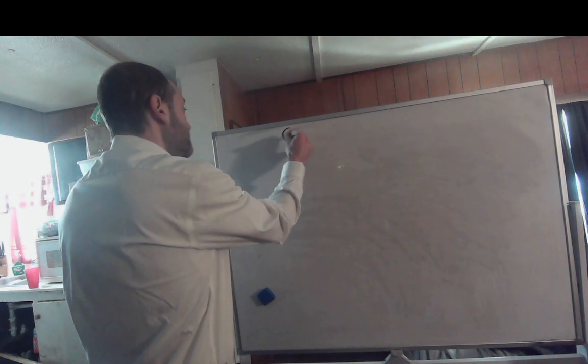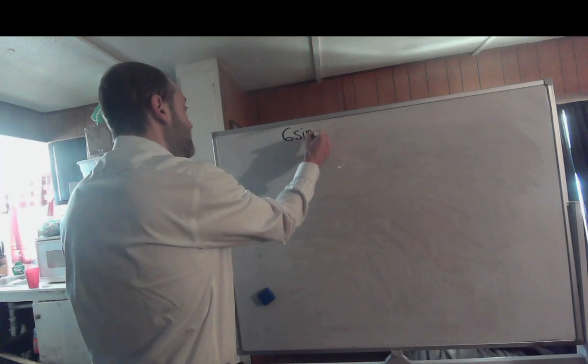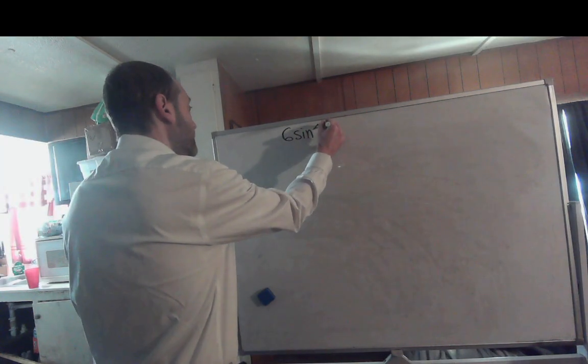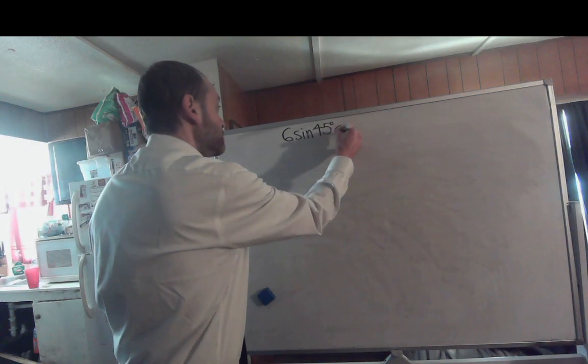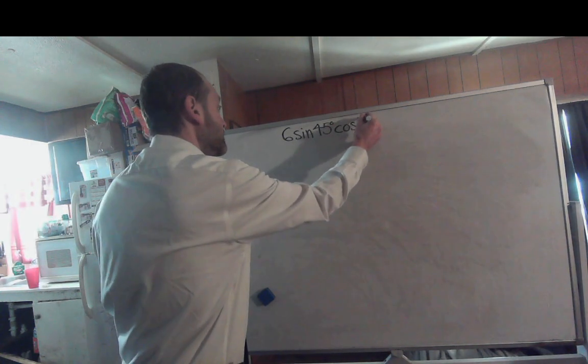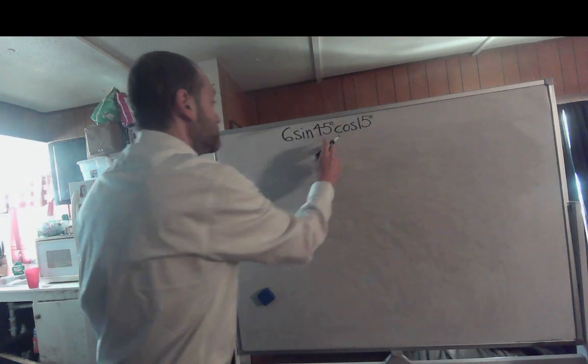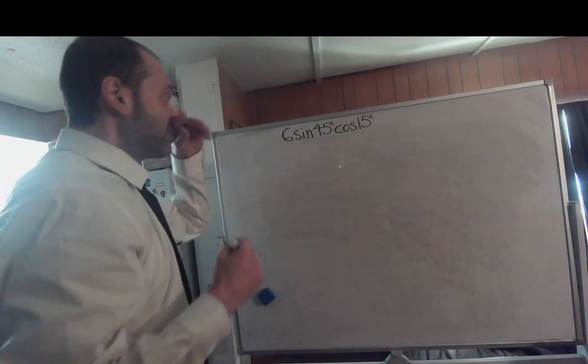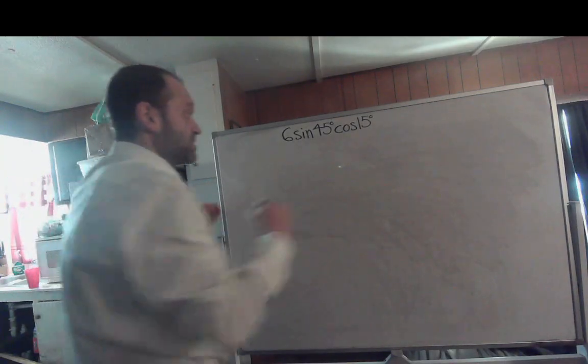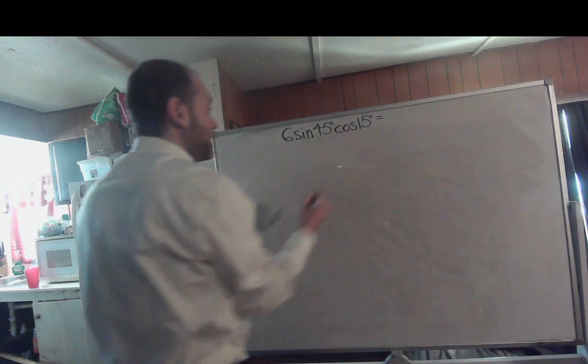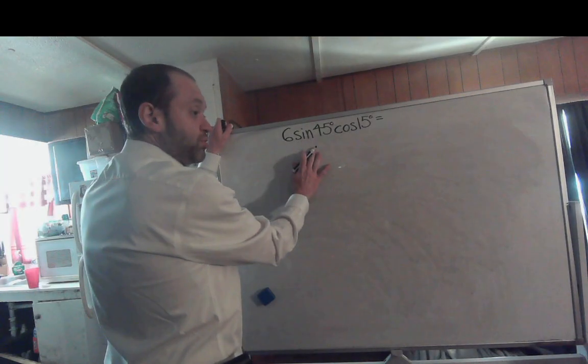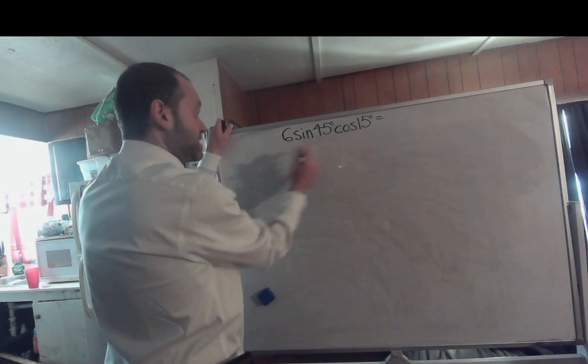So let's see, we have 6 times the sine of 45 degrees times the cosine of 15 degrees. Okay, well, let's use the product of sum formula for sine times cosine.